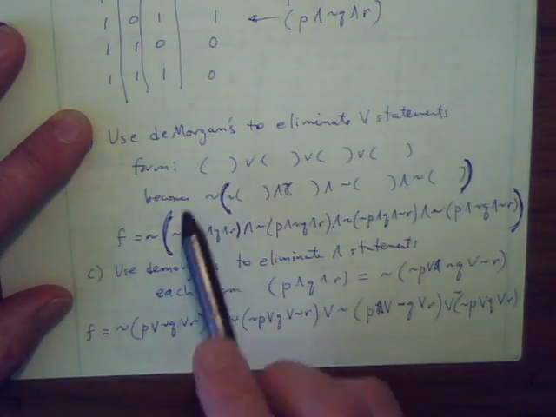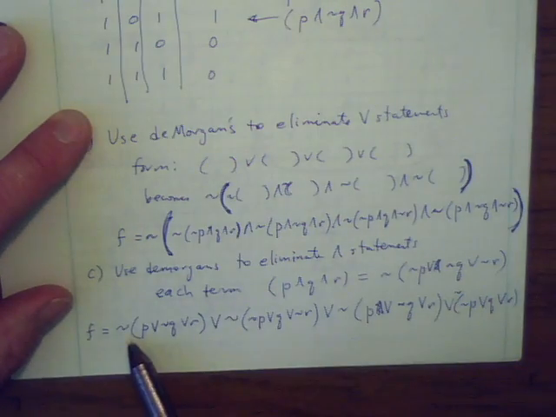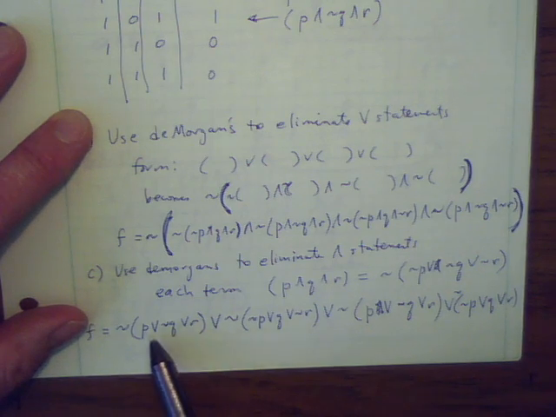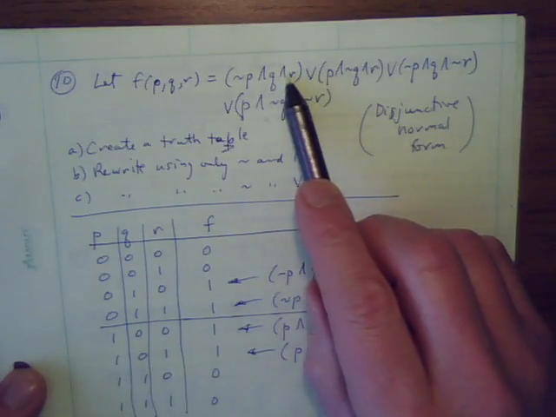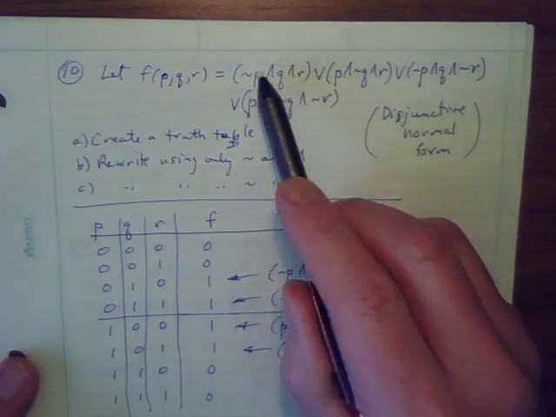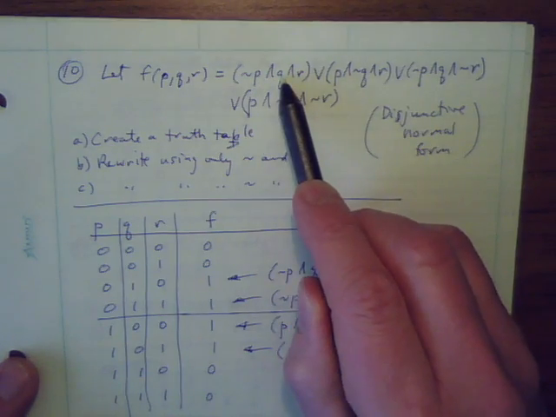I'm just going to put a not sign on the outside of each of these little things, flip the signs on the inside, and turn all the ands on the inside into ors. So the first term is a not, P or not Q or R.